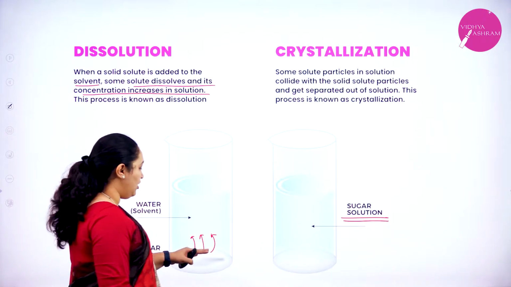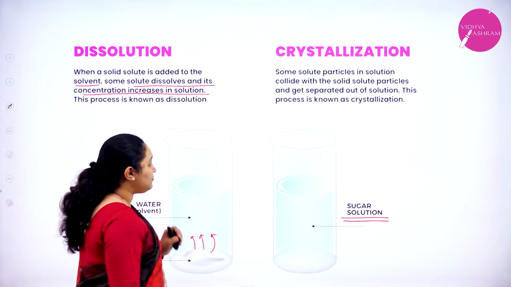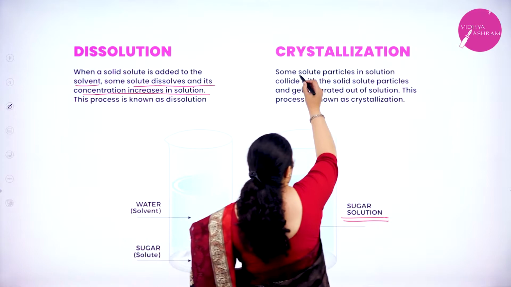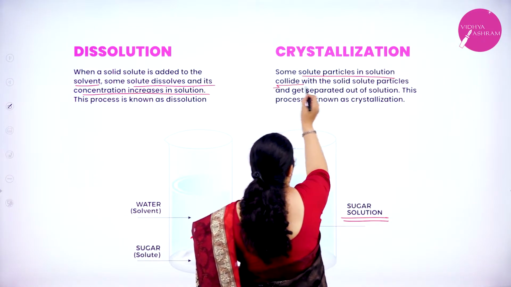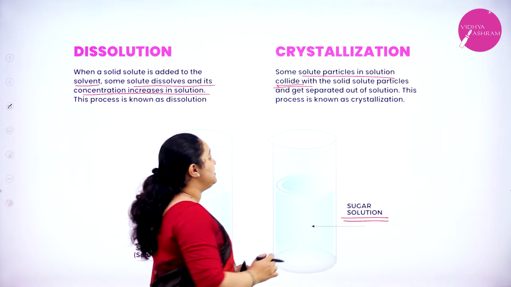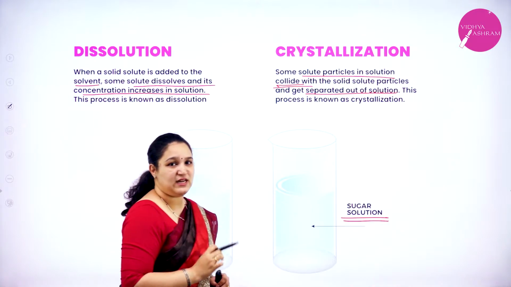So solute in solid state will go into the liquid state. Now what do you mean by crystallization? Some solute particles in solution collide with the solid solute particles and get separated out, and this is called as crystallization.